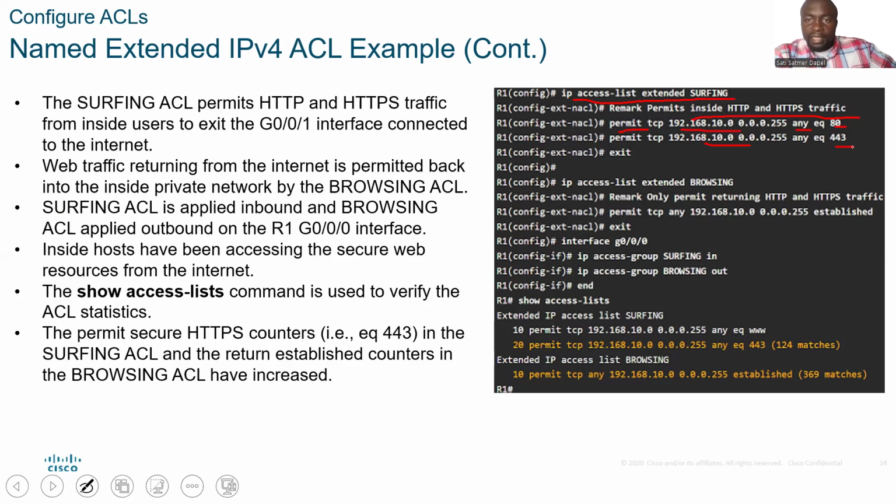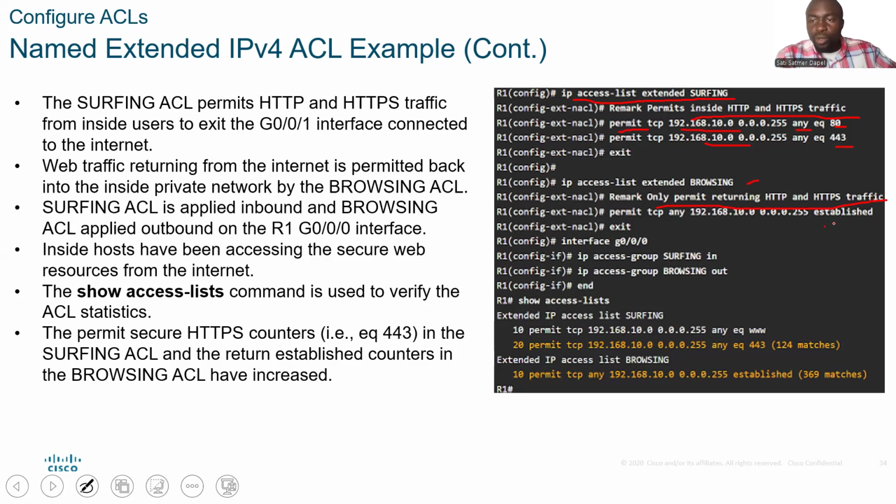Then access list extended for browsing. Browsing now, we are looking at the traffic that is coming back into the network, all right? And we said, look at the remark, only traffic returning HTTP or HTTPS. So how do you ensure that only the traffic that has been permitted to go out is the traffic that is to come back?